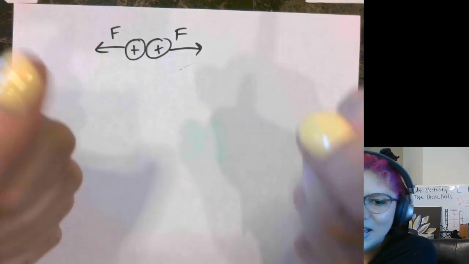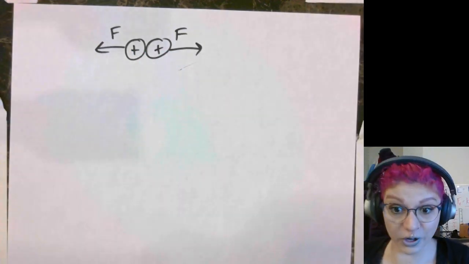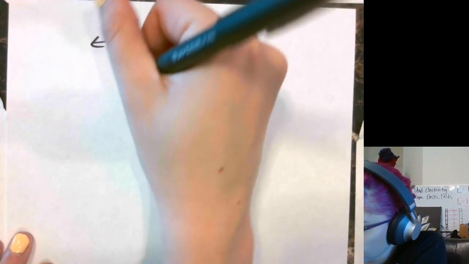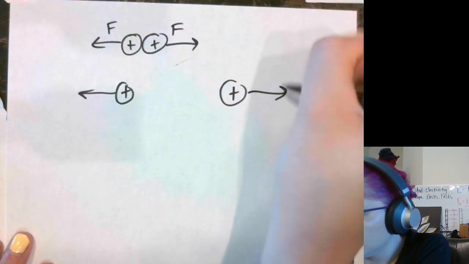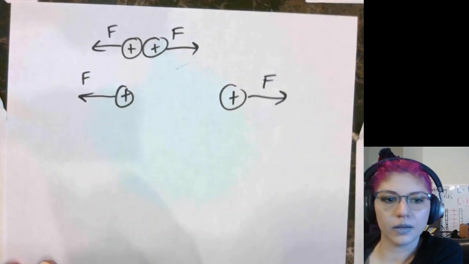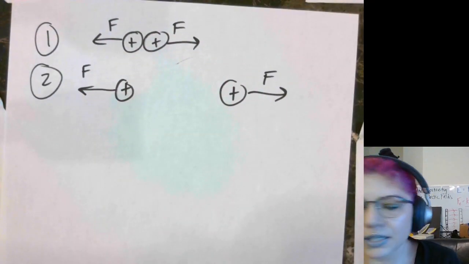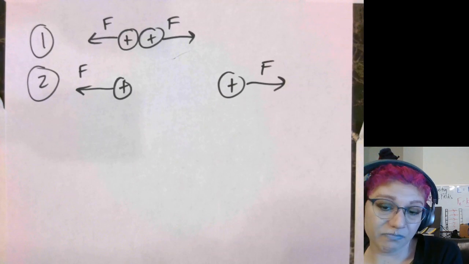So we're having to compress that spring, put in work to push them together. Let's then consider scenario 1, scenario 2. Let's consider two positive charges that are farther apart.